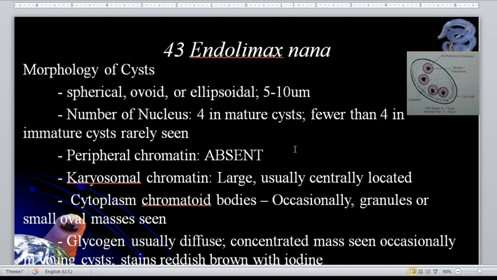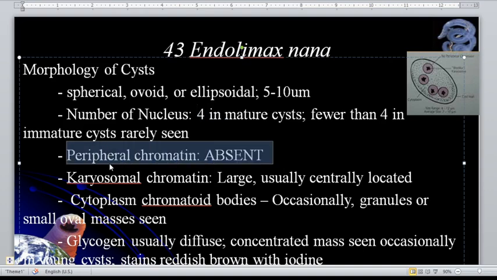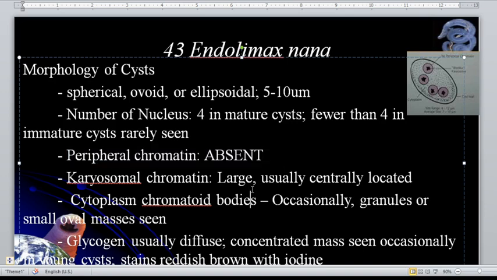Morphology of the cyst: again, no peripheral chromatin for Endolimax nana. Large karyosomal chromatin, blot-like. Chromatoid bodies are occasionally granules or small oval masses.